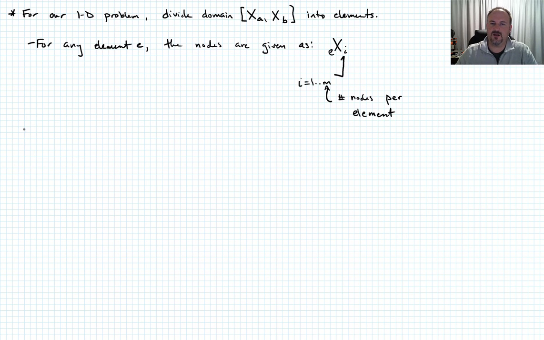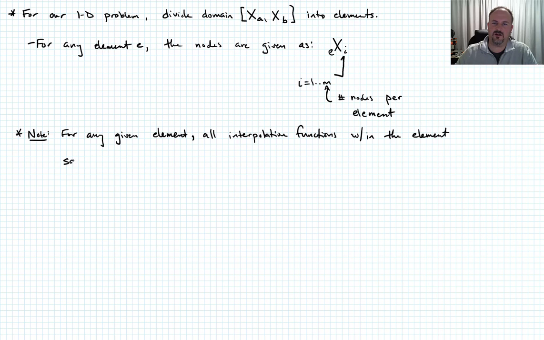One thing I'll mention in passing here is that for any given element, all interpolation functions within that element satisfy the following. If I take my interpolation function, and I'm using index notation here, n sub I, so this is the ith interpolation function, and I'm interested in that interpolation function value at the jth node, that will always give me the Kronecker delta ij.